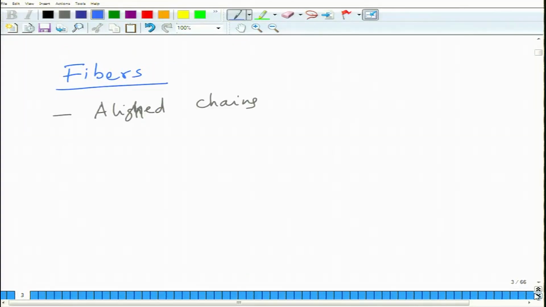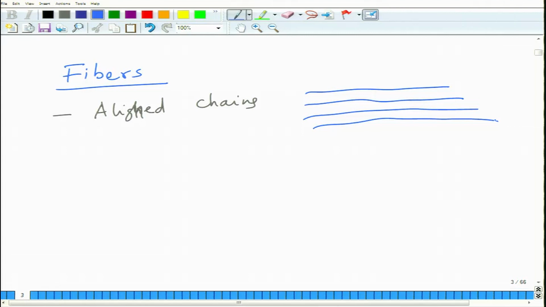In the fiber case, the chains would be quite aligned like this. So, these are sort of chain aligned structures. Again, the bonding is similar. Along the chain it is covalent, and between the chains it is secondary, which tends to be typically hydrogen bonding, which is slightly stronger than the van der Waals type of bond. And it is extremely strong along the fiber.